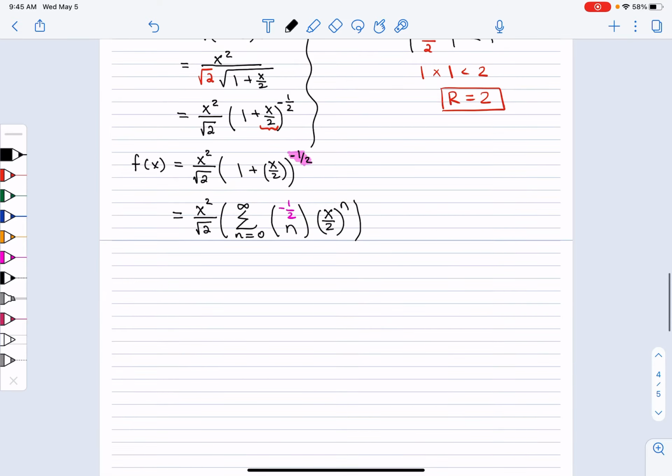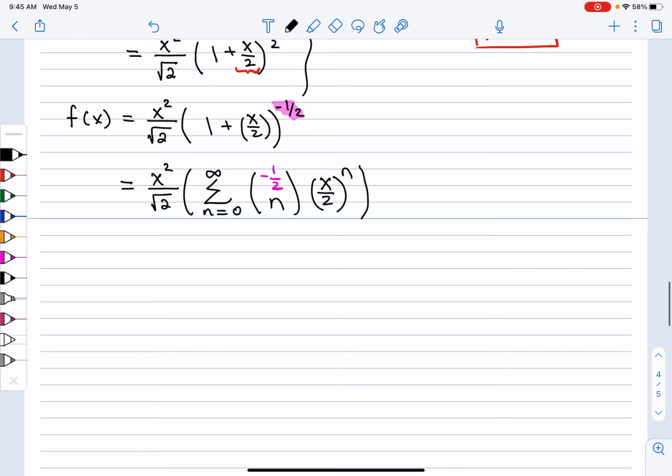What I would like for us to do right here is to expand this sigma. So we're going to have x squared over the square root of 2. And then I'm going to multiply times, let's expand and see where that takes us.